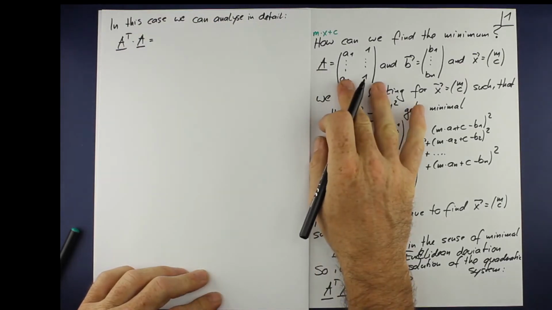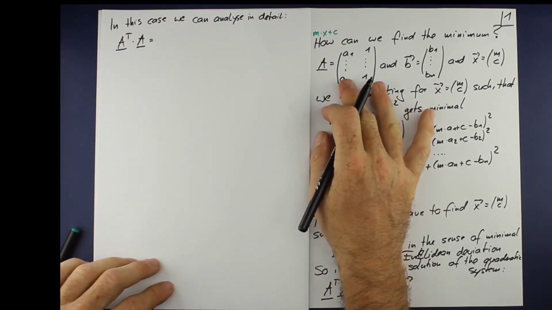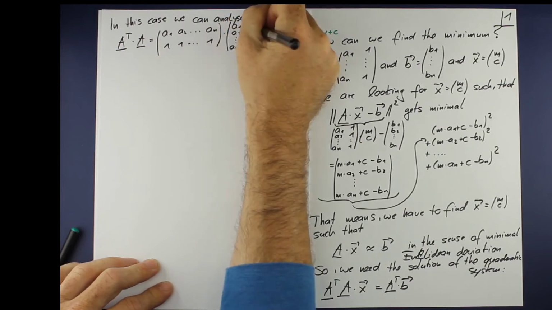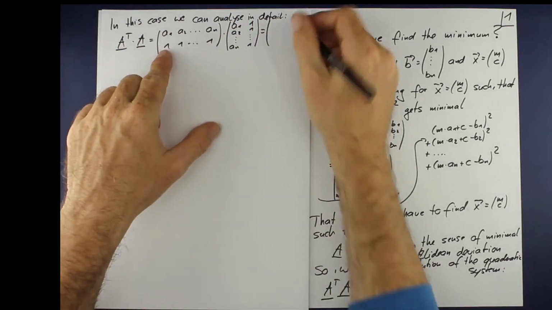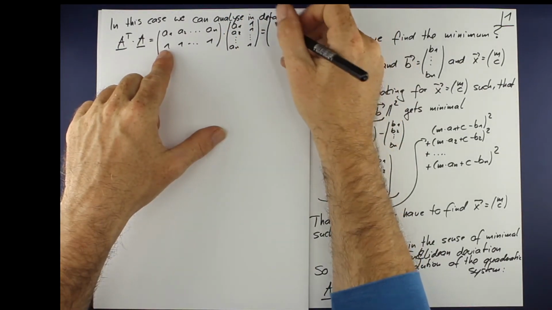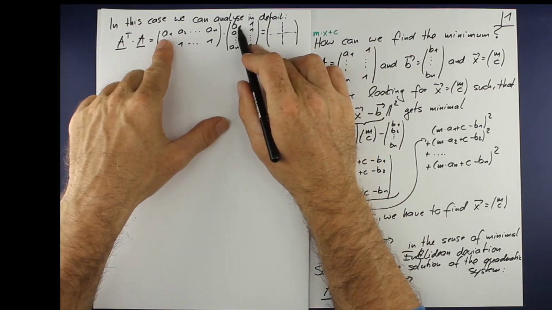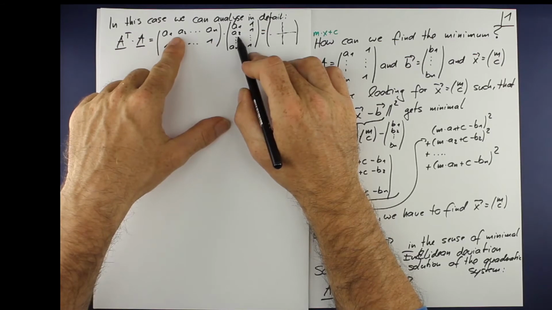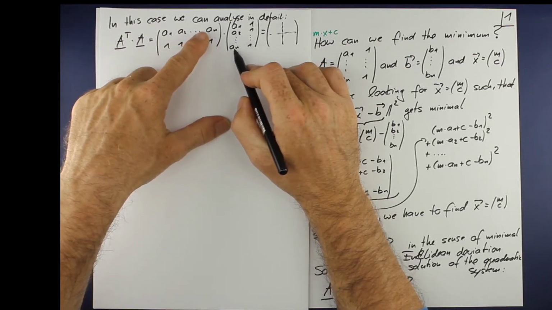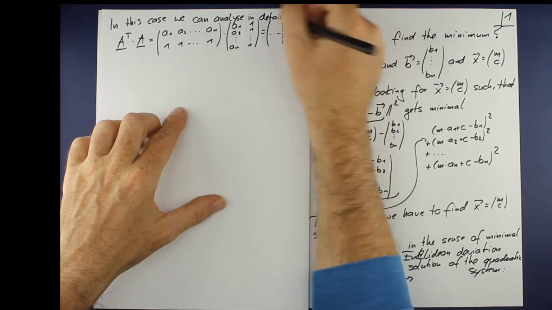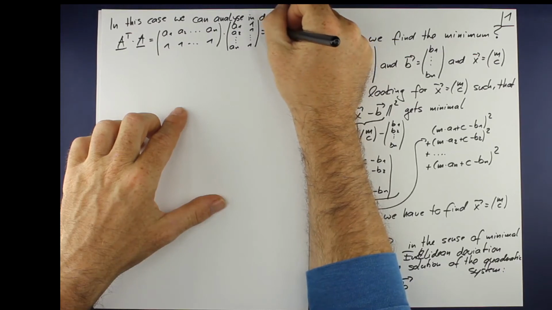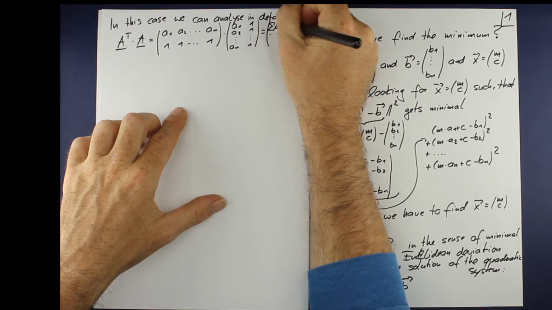A is that matrix, so the transposed is this. And what do we get? We get a 2 by 2 matrix, and the entry here is a1 squared plus a2 squared plus and so on plus an squared. So it's the sum of the ak squared.